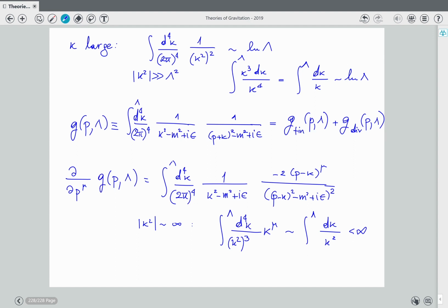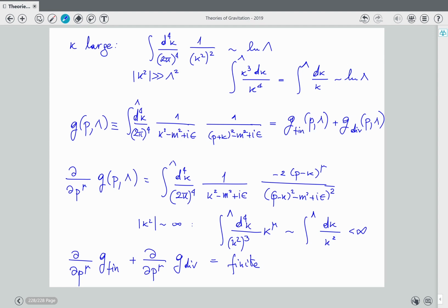So this derivative identity we derived tells you that the derivative of g finite plus the derivative of g divergent is finite, which means that the derivative of g divergent is not divergent, is actually finite. So this divergent part will be some function times the logarithm of lambda, we already know, but anything can be multiplying it, which will diverge with lambda.